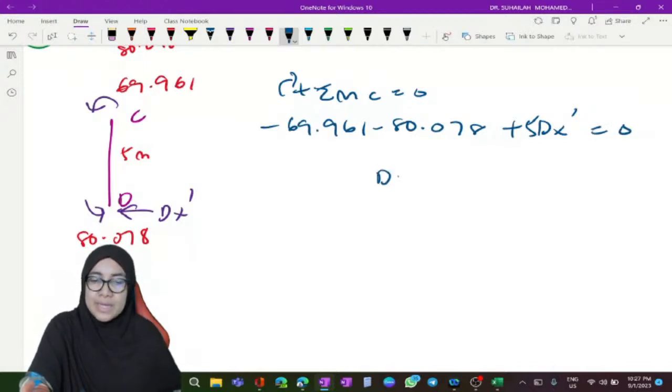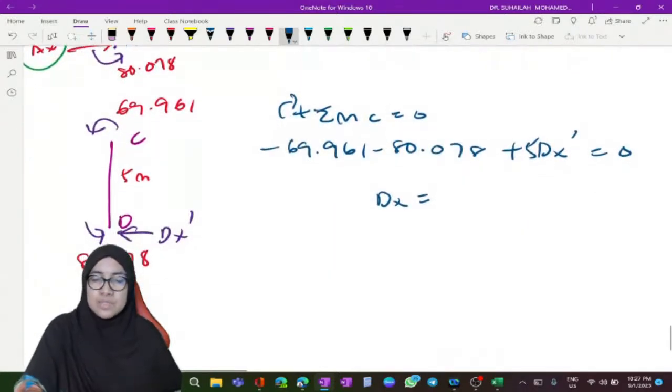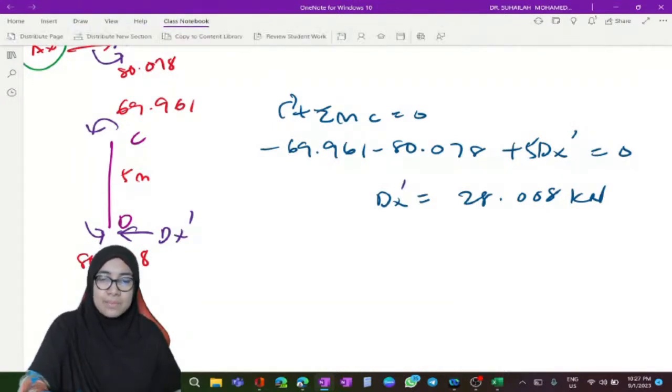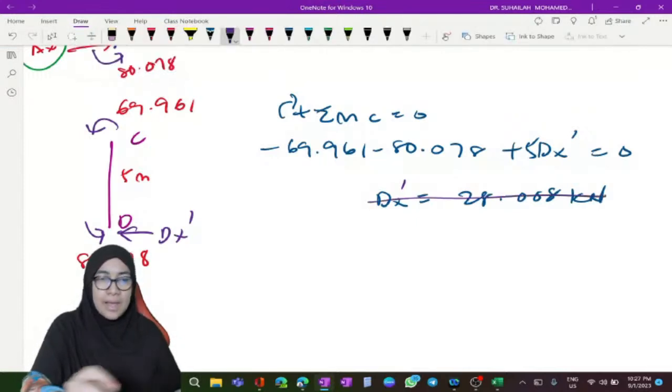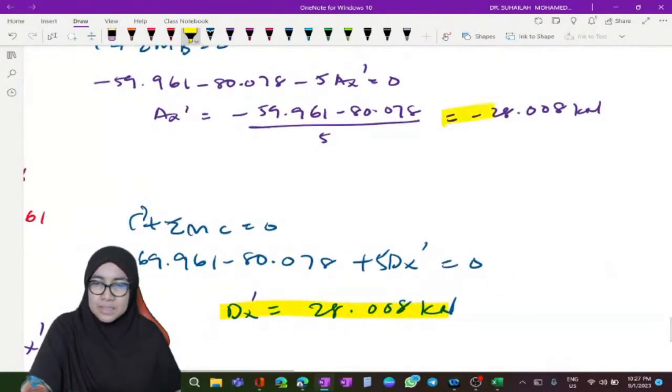So we get dx is equal to, previously is negative, now is positive, 28.008 kilonewton. Okay, so this is dx prime and ax prime.